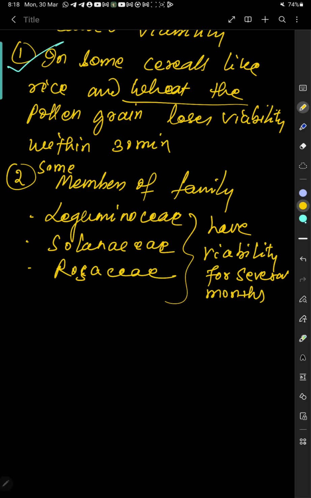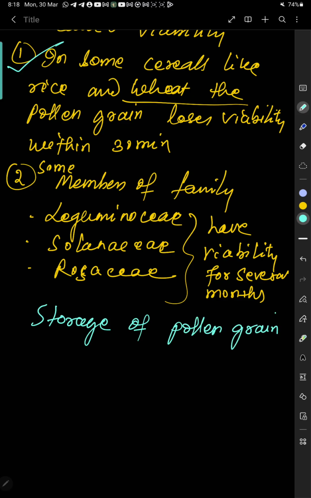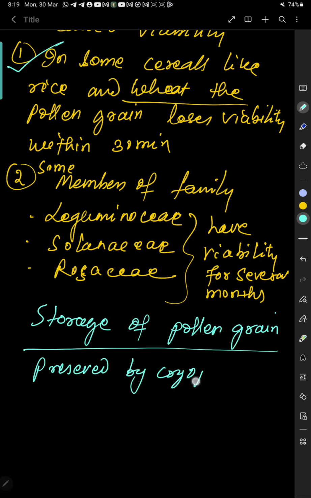So storage of pollen grain. It is stored in very low temperature of liquid nitrogen. Okay, it is preserved by cryopreservation.